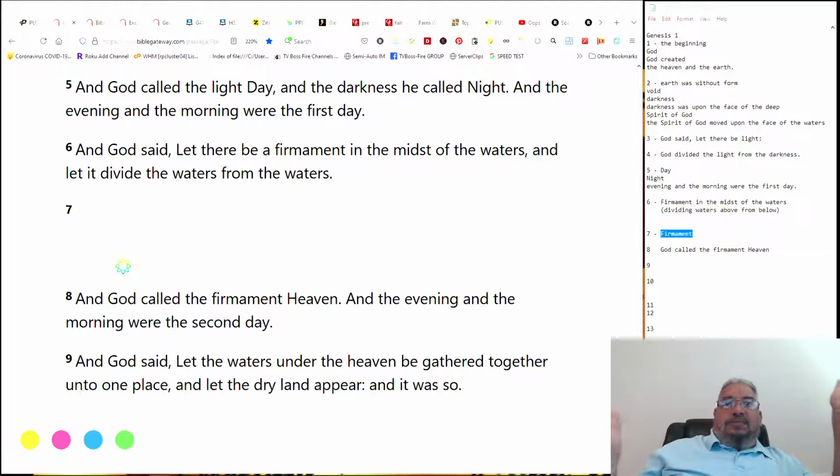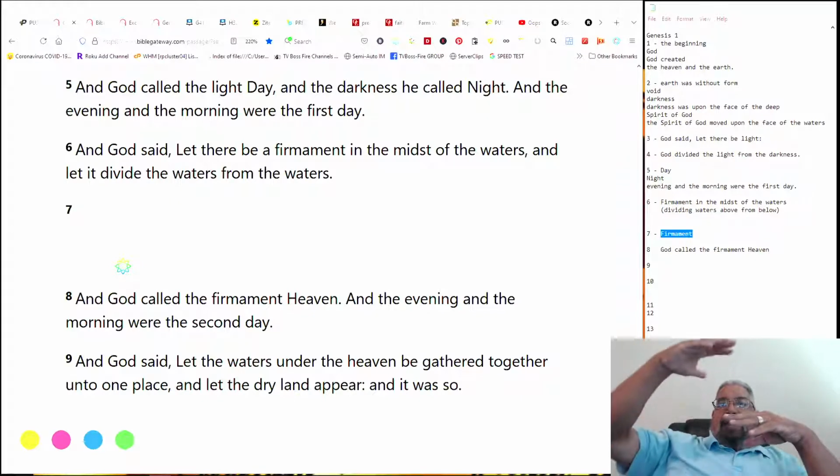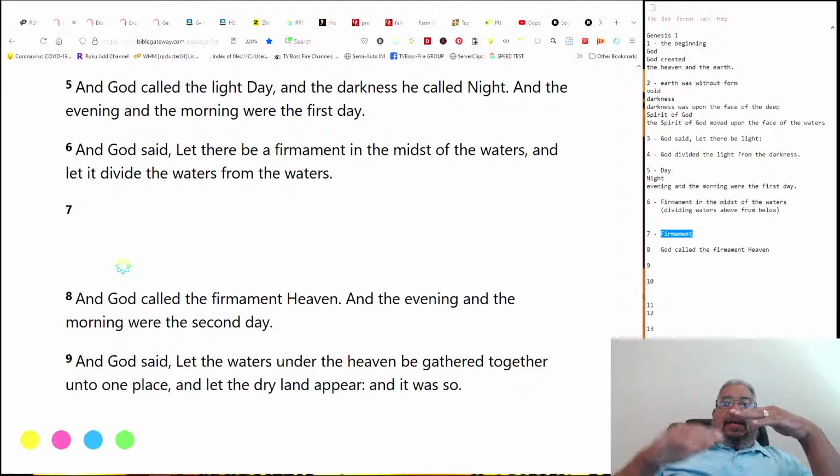It doesn't tell us what state it was. It's just telling us that He created the firmament, and it had water above in one of the 3 states, and water below in one of the 3 states, or all of the 3 states, depending where it was, right? So that's all we know about the waters above and below, and the firmament that God created.